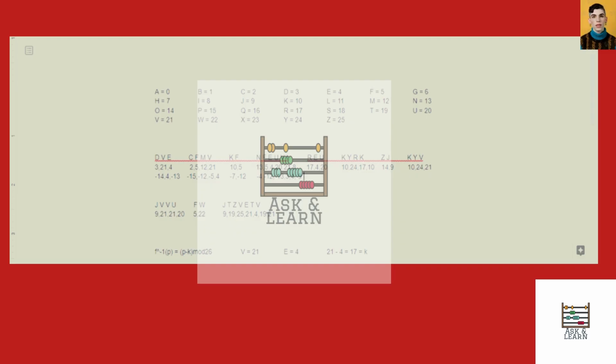Negative 9. So 0. 4 minus 17 is negative 13, and then 3, negative 7, and then 7, 0, negative 7.